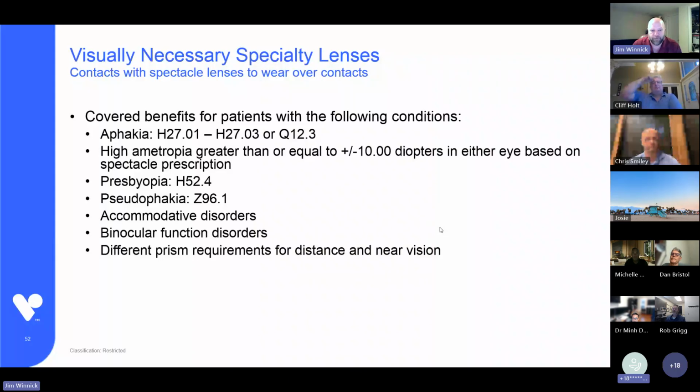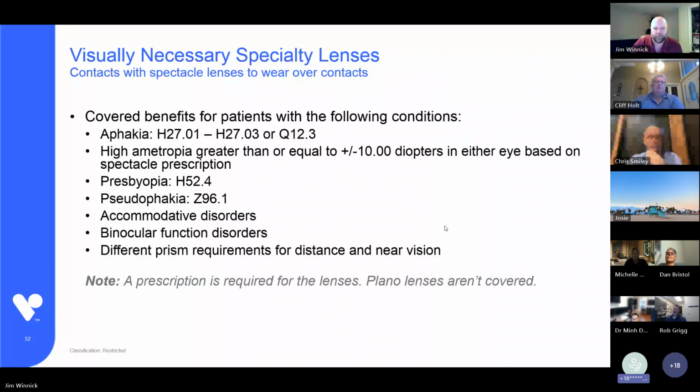That is a secondary billable condition under the visually necessary specialty lens program, and then accommodative binocular or prism requirements. A prescription is required for all these. You can't do Plano for any of this stuff, but in most cases, you wouldn't do Plano. We're doing it for a refractive help to the overall visual system.